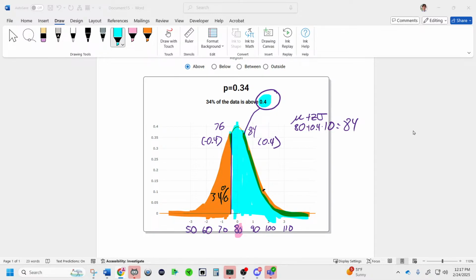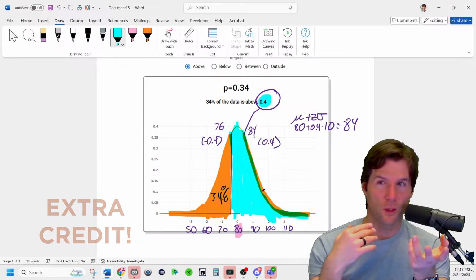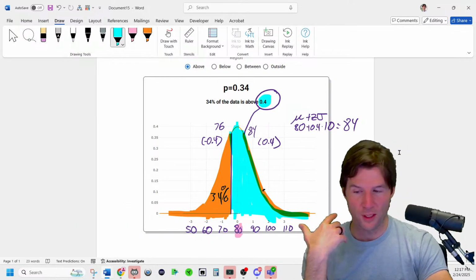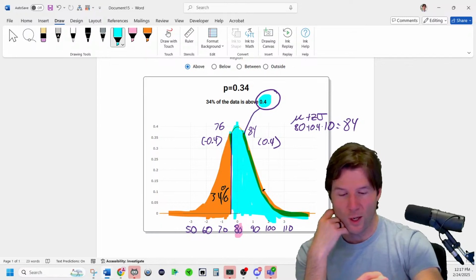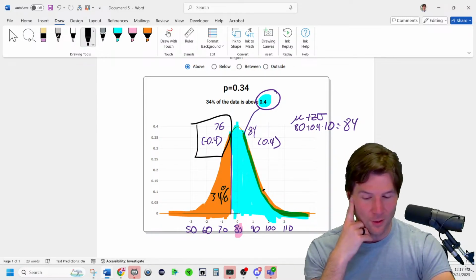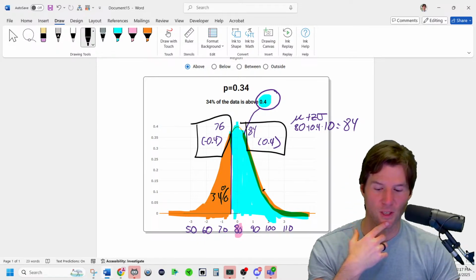The finding of the 84, we kind of didn't have to, but I would suggest it. Bridget, good question. If I have an observation, I'd turn it into a z-score. If I have a z-score, I'd turn it into an observation. Does that make sense? It never hurts to know both things for each one, so that if you have the observation of 76, you know its z-score. If you have the observation of 84 or the z-score of 0.4, you know its observation.